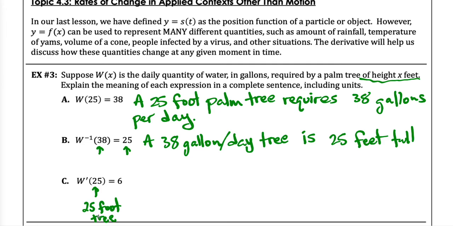Does anybody want to take a guess at this? I think it's saying that a 25-foot tree requires 6 more gallons of water than a 24-foot tree. Good. That's very good. So this is the rate of change of daily water required.